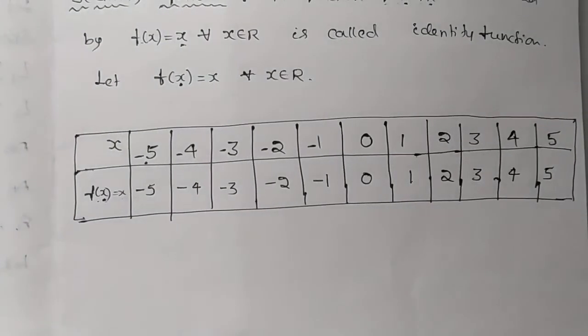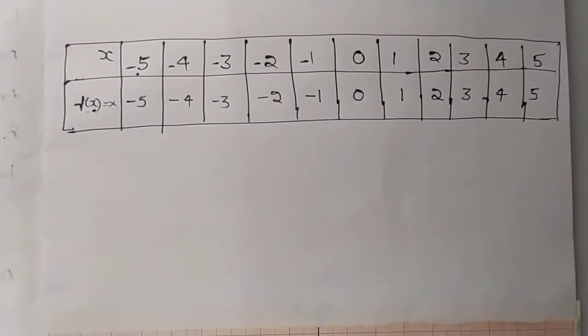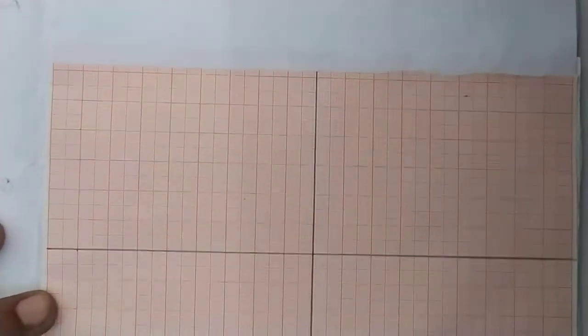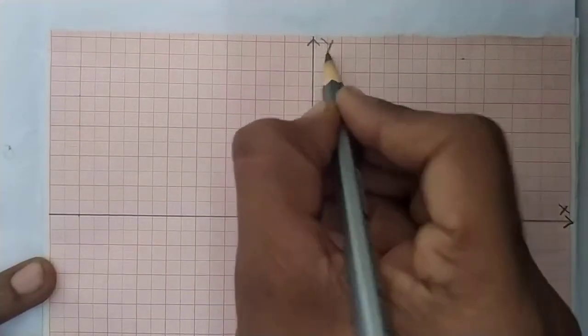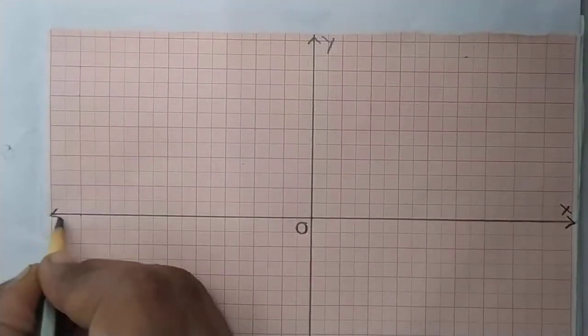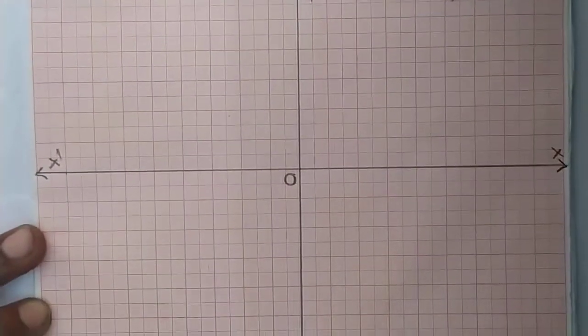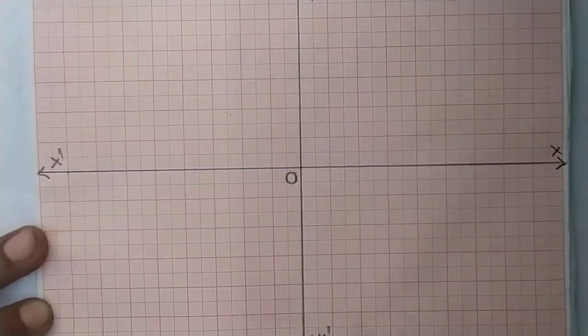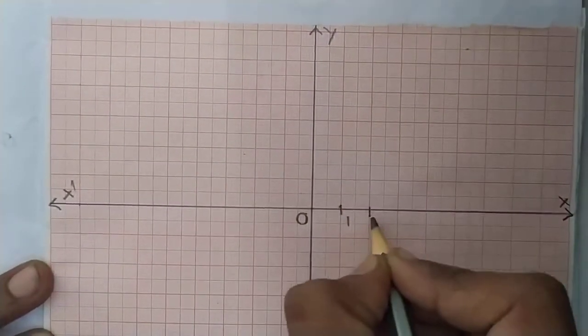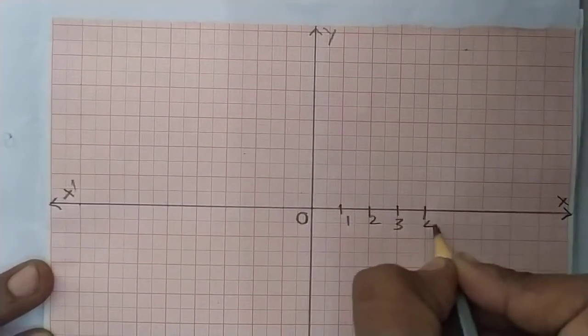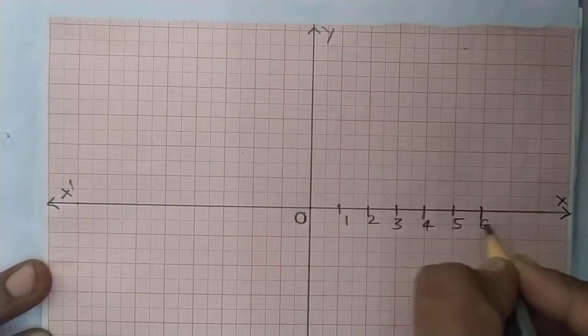Let us draw the graph for this function. Here we have the graph for the identity function. It is the x-axis, it is y, it is the origin, it is negative x, and it is the negative y-axis. Let us take the values on the positive x-axis 1, 2, 3, 4, 5, 6 and so on.